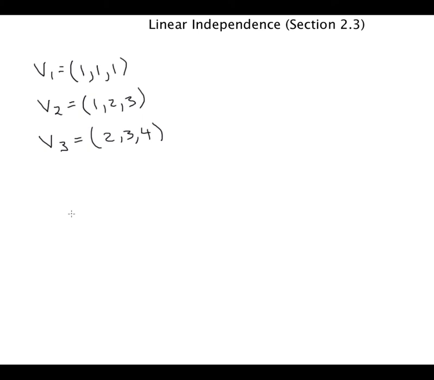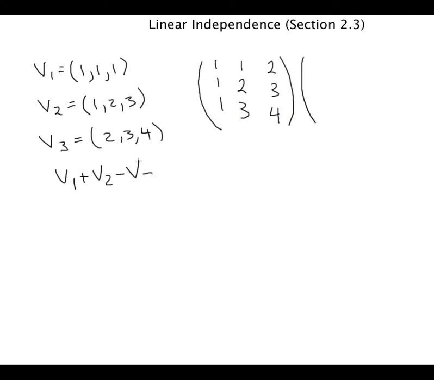And one way to think about that is the following. Take these three vectors and make them the columns of a matrix. And you'll see that the relationship v1 plus v2 minus v3 is equal to the 0 vector.